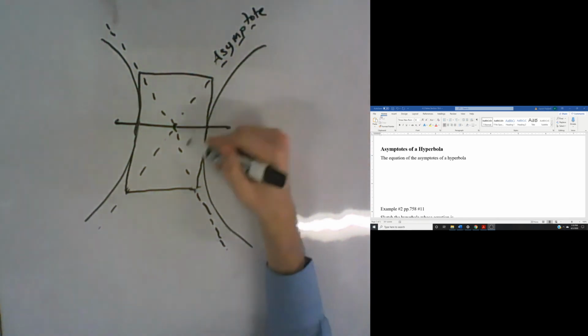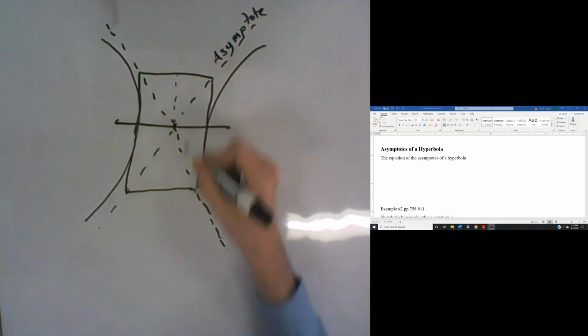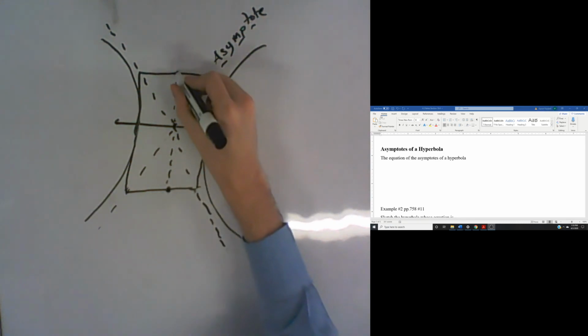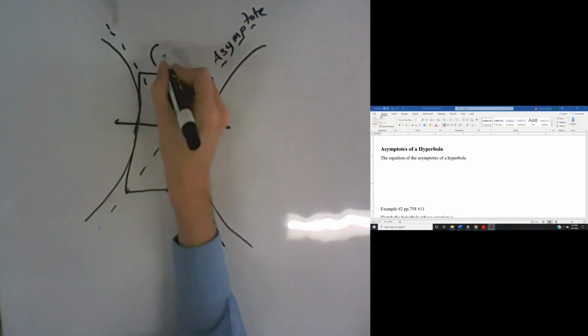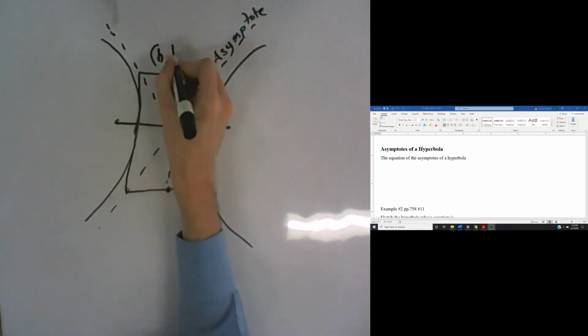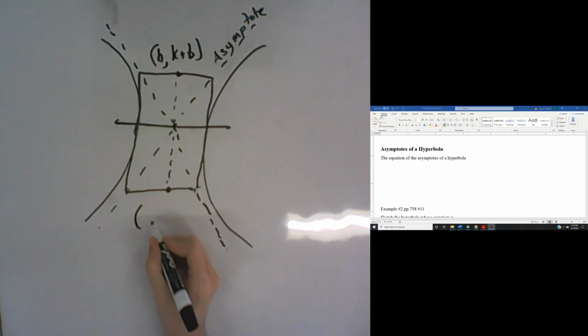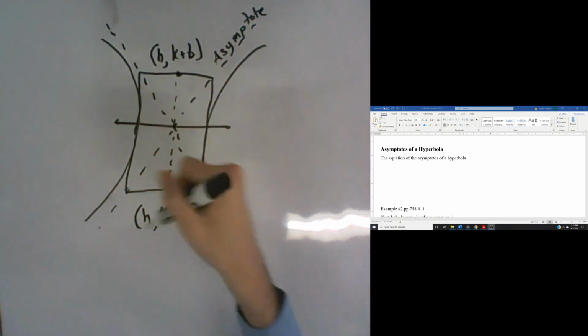And if you see this box right here, this is going to be our h, k plus b. So this is where our b comes in, and our h, k minus b. Our b affects this little box.